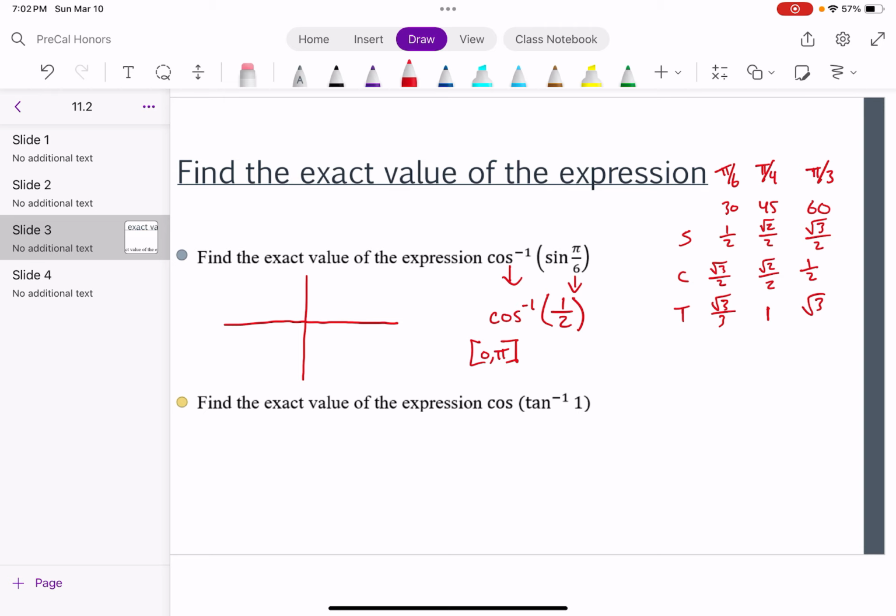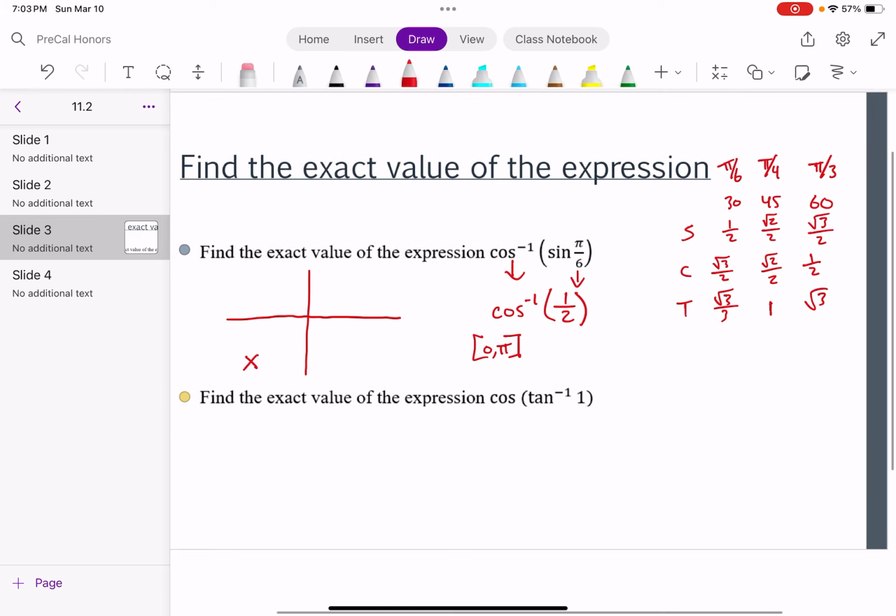Our next step would be to figure out the exact placement of where this would go. We know that cosine would fall between quadrants 1 and 2, so it would not be within 3 and 4. So we would have cosine here and here. Cosine of 1 over 2 would be equal to pi over 3.